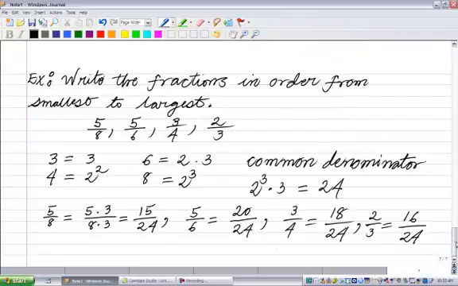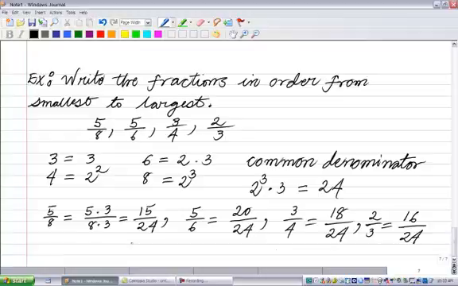Okay, so which one is the smallest here? I have 15 over 24, so that's 5/8. The next larger one is 2/3, and the next one is 3/4.